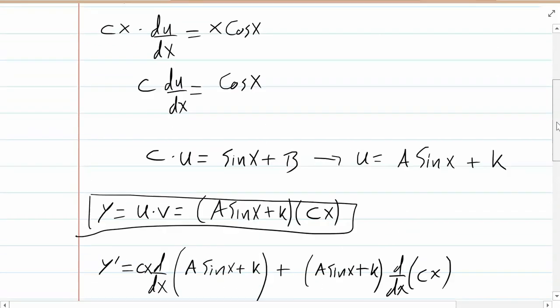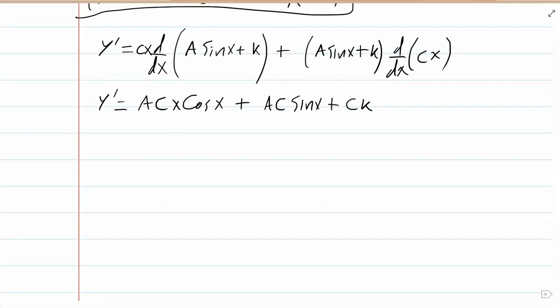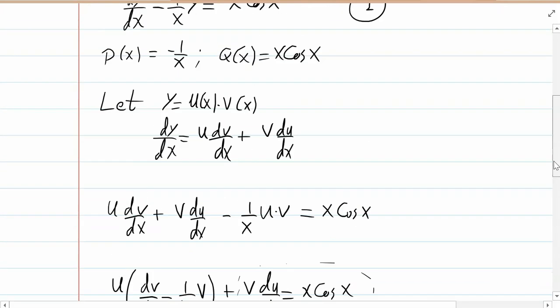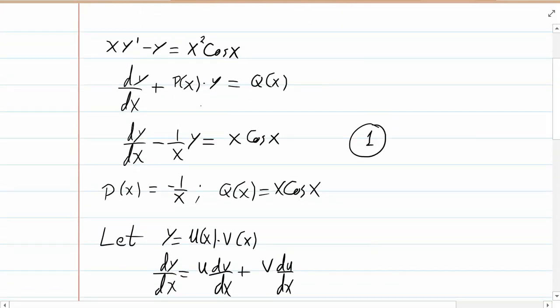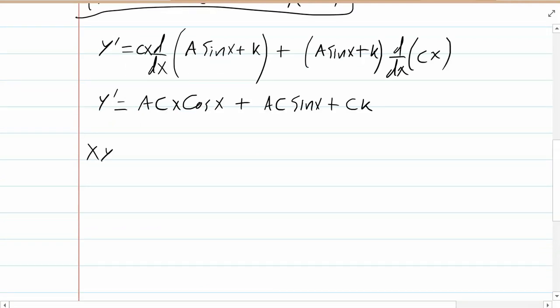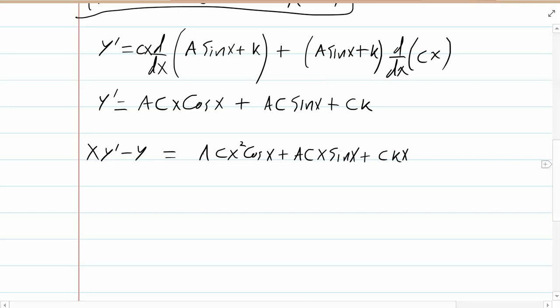Let us see what the initial equation was. The initial equation says that x times y prime minus y is equal to x squared cosine x. So let's multiply this by x and subtract y. So xy prime minus y is equal to acx squared cosine x plus acx sine x plus ckx minus y.